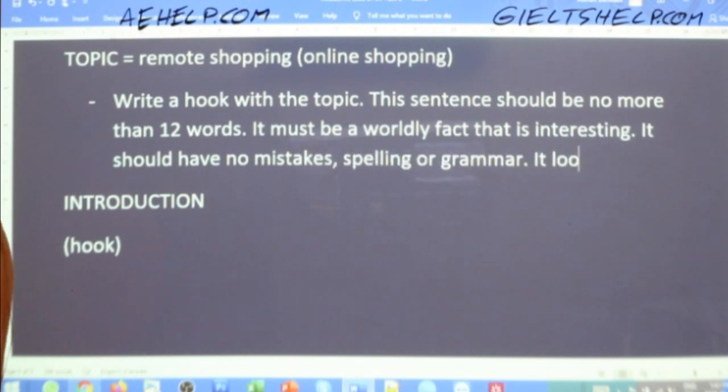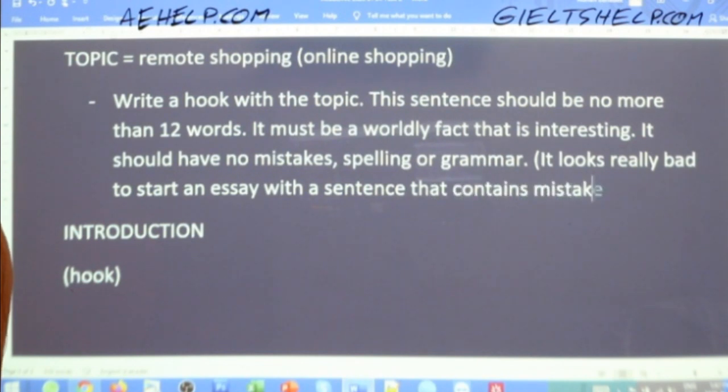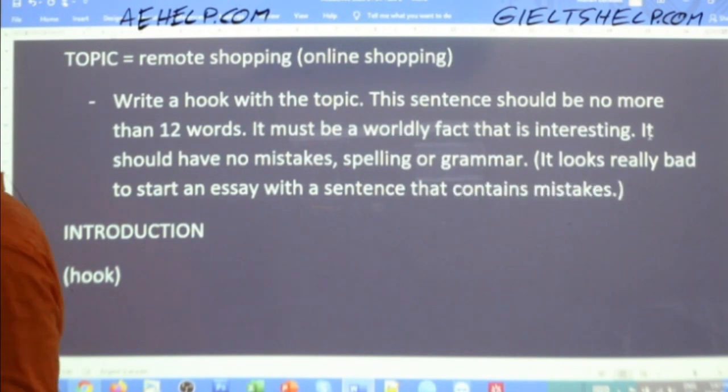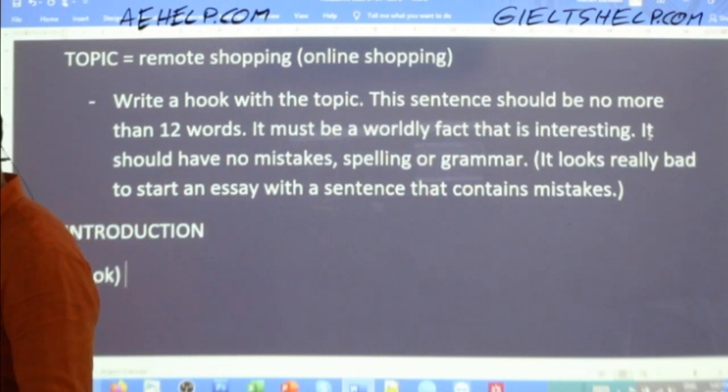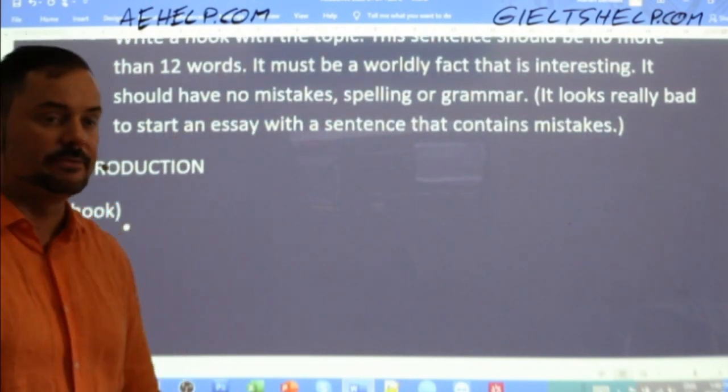It looks really bad to start an essay with a sentence that contains mistakes. So avoid that. If you have to, read it once or twice. Make sure it doesn't have any mistakes.